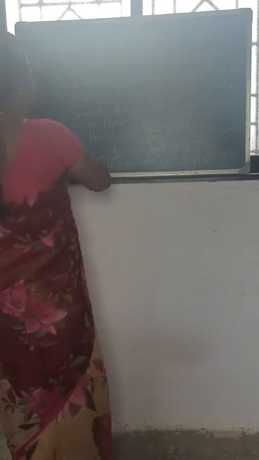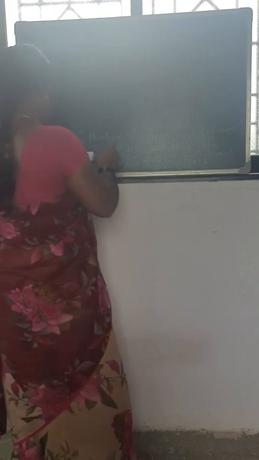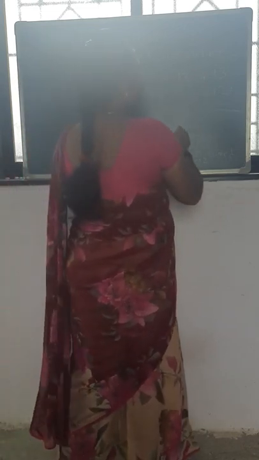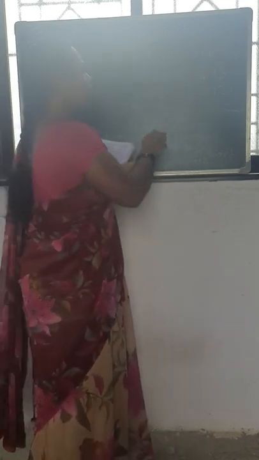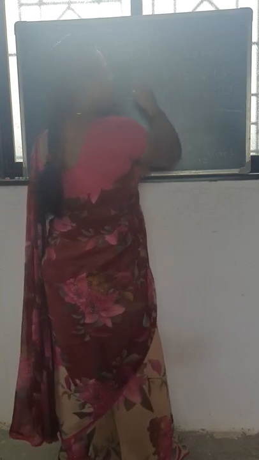Then the multiplication is 35,17,413 multiplied by 12. Firstly we multiply by 2 the given number. Then secondly multiply by 1 the given number.